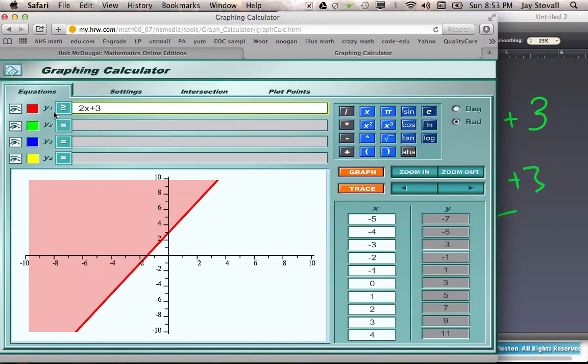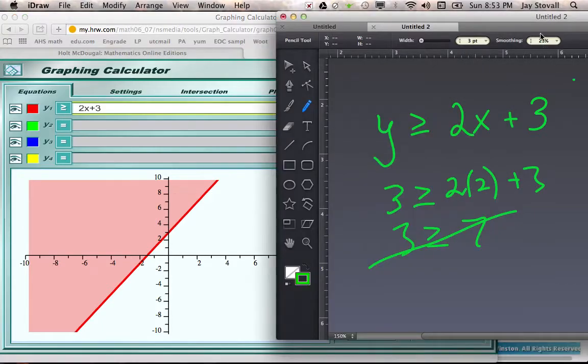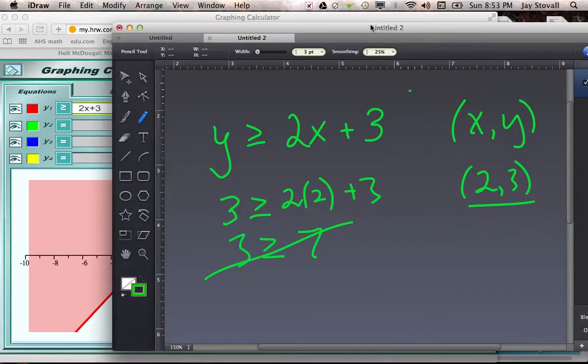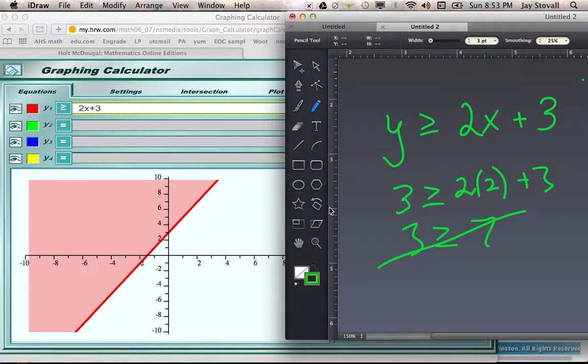When we plugged in 2, 3, we saw that it did not give us a true statement, so predictably the ordered pair 2, 3 is not in the shaded region. We've got a shaded region above the line 2x plus 3, and that line is solid because our inequality is y is greater than or equal to 2x plus 3.